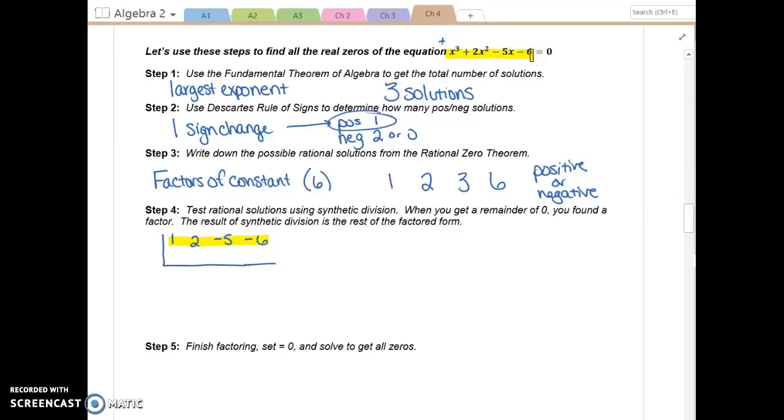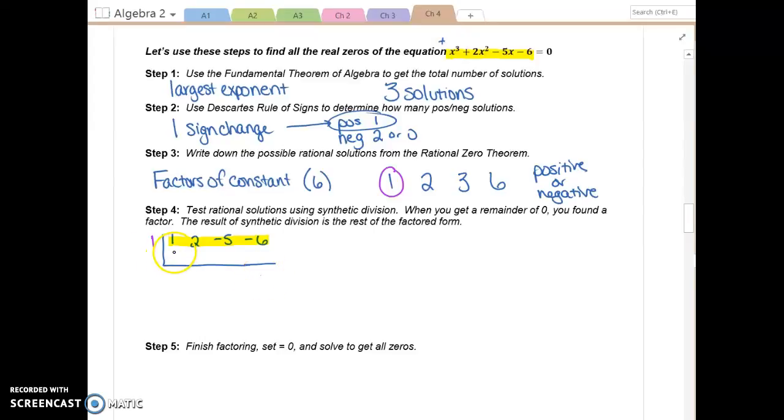So the coefficients, 1, 2, negative 5, negative 6, the coefficients of that polynomial, that's what you write in the synthetic division. We are going to start by trying positive 1. We're going to plug 1 into this synthetic division and see if it works. Our goal is to get a remainder of 0.